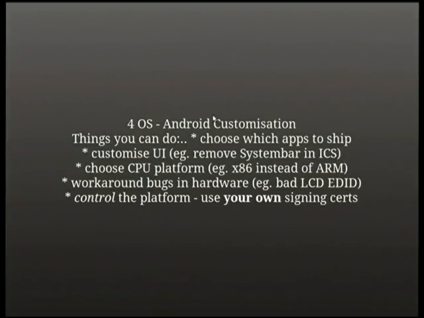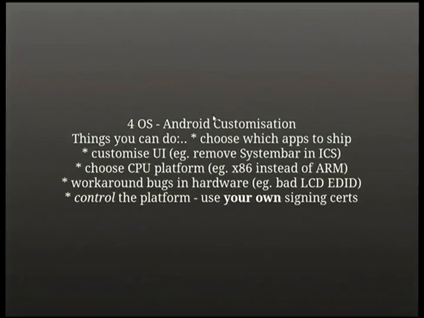The things you can do: choose which apps you want to ship. This is basically the same kind of thing you can do if you're making your own distro. You can customize the user interface, so for instance remove the system bar, and choose the CPU platform. I've been doing a lot of work recently, even though I'm an app developer, I've actually turned into a bit of a system developer just because we had to get stuff working on x86 boxes, and it's a community effort.